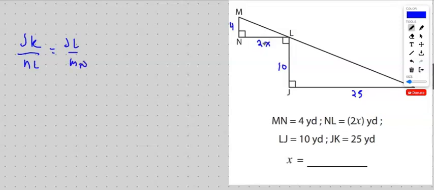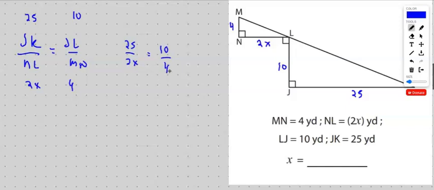Let's put my letters on here. So J to K is 25. N to L, I'd say 2x. J to L is 10. MN is 4. Let's take away the letters. 25 over 2x equals 10 over 4.